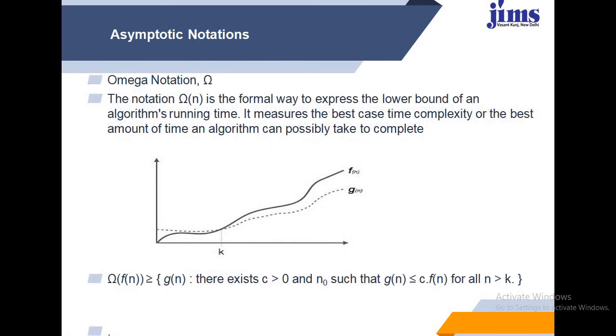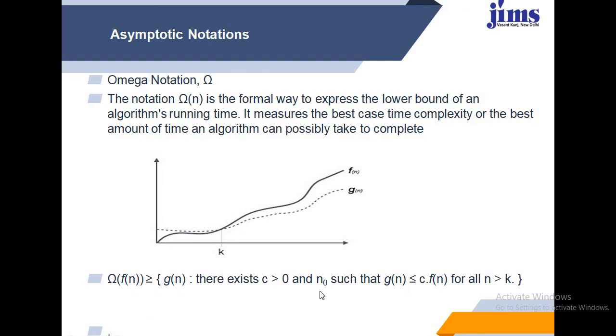Next is omega notation. So omega notation always tells you the lower bound of the algorithm. So let this f of n is your actual, and if you represent this g of n at this point, your f of n is always upper and this g of n is always lower. तो किस पॉइंट पर लोअर है, वो आपकी वैल्यू जो g of n आप एक्सप्रेस कर रहे हैं एट द k पॉइंट.